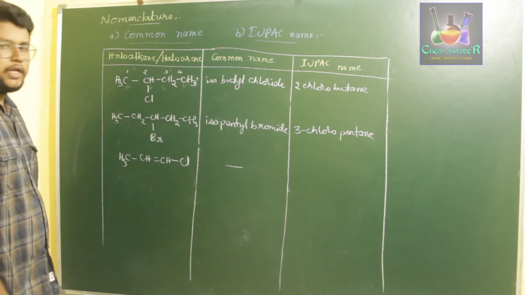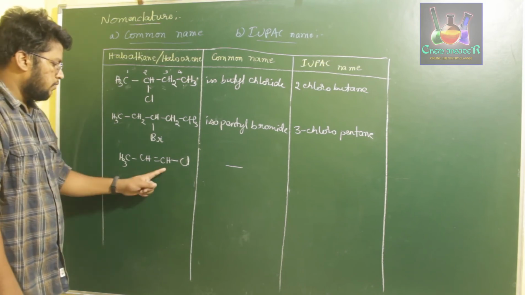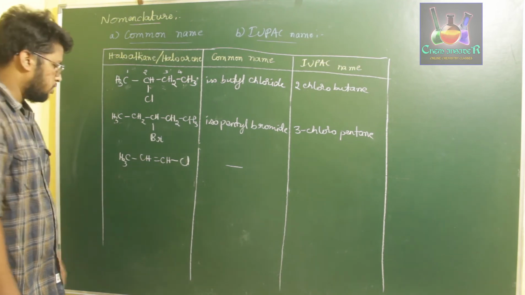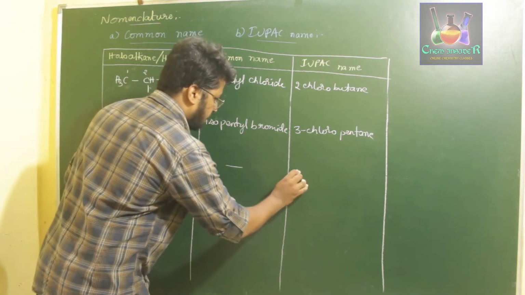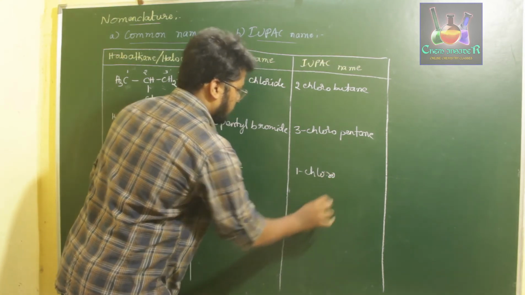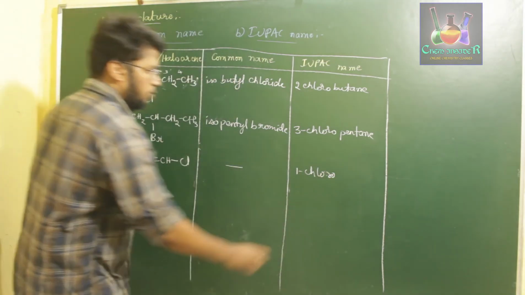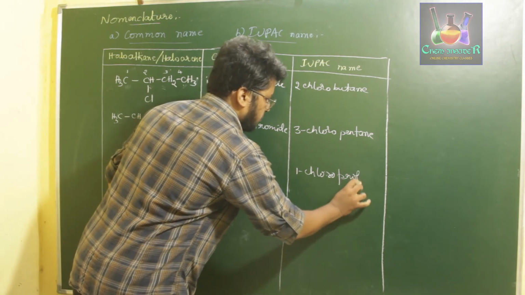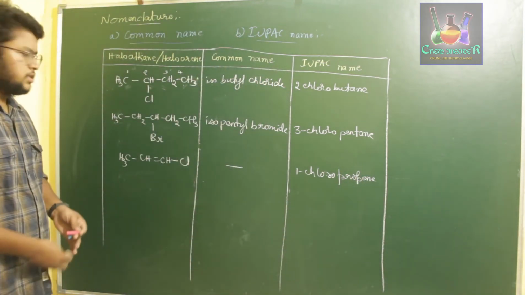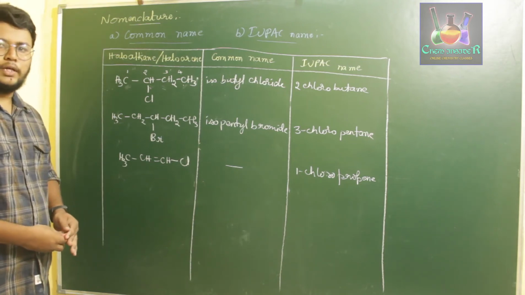If we have to name it under IUPAC, first we have the double bond at position one and again we have a halogen at the first position. Therefore we come across this compound as 1-chloro, 3 carbon atoms is prop, and ene: 1-chloropropene.